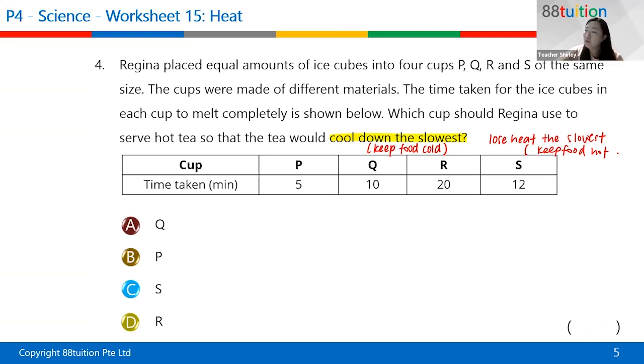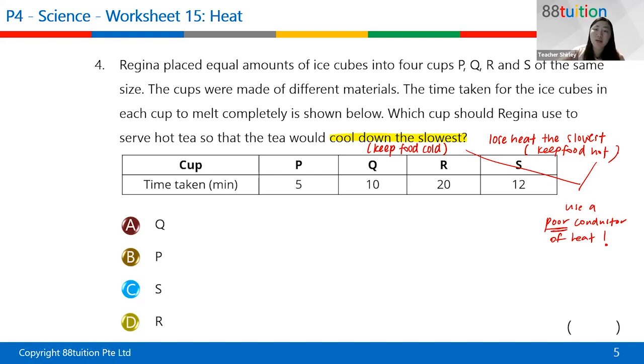Yeah. Okay, so if you want to keep food hot or you want to keep food cold, right? It's the same concept. Basically, for both scenarios, you want to use a poor conductor of heat. Why? Okay, why do we want to use a poor conductor of heat to keep food hot and cold?